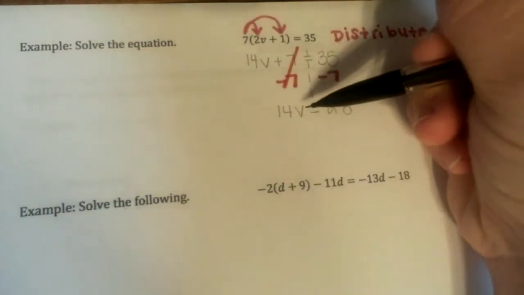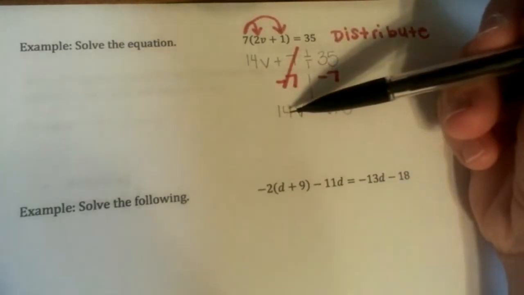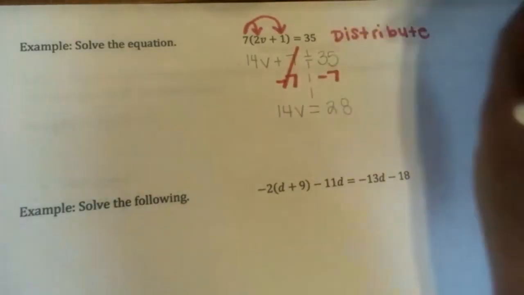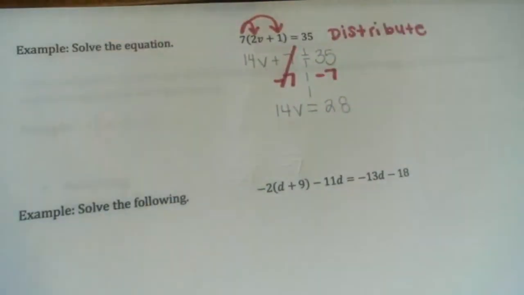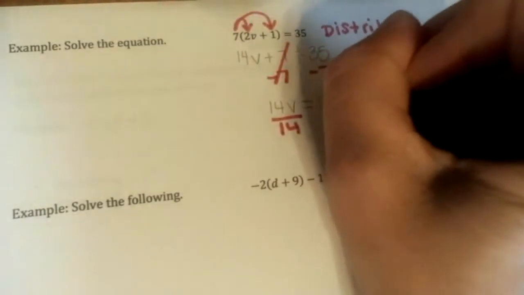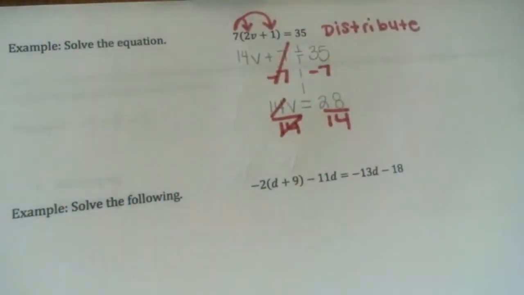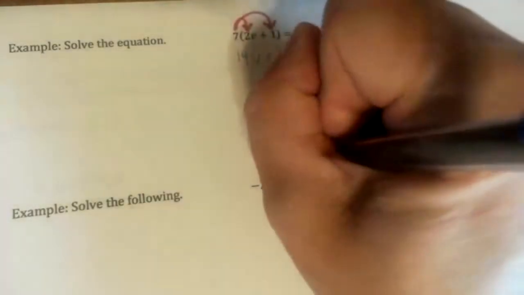Almost done. It's 14 times v, so we need to get rid of that 14. The opposite of multiplying by 14 would be dividing by 14. So let's divide both sides by 14. 14 divided by 14 goes to 1, which means they cancel out. We're left over with 1v, which is the same thing as just v.